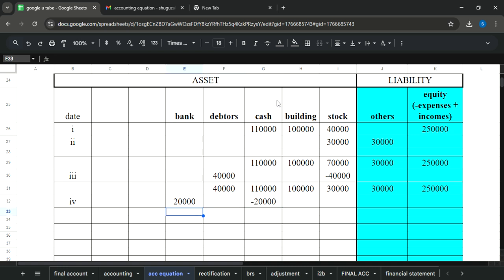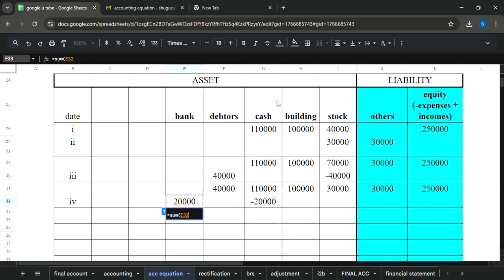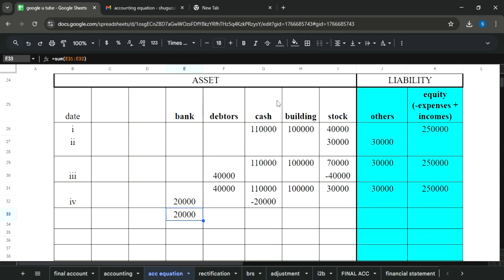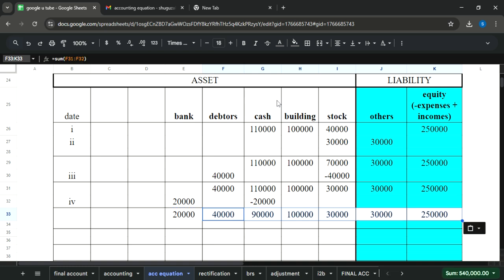Alright guys, here you will take as usual the sum of all amounts, and since I am using Excel, it would be a little bit easy for me. I won't take the sum again and again. Simply I will put the formula of sum. So guys, in this way we have calculated sums.